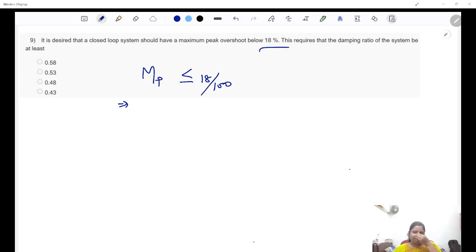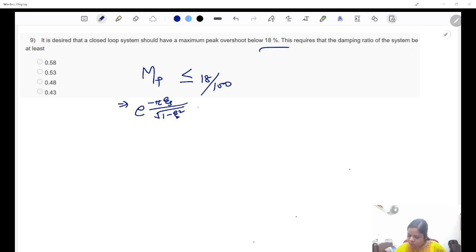What is the formula for maximum peak overshoot? MP is equal to what? MP is equal to e raised to power minus zeta pi upon under root of 1 minus zeta square, into 100. Correct. Very good.